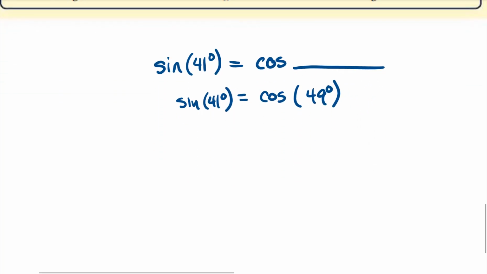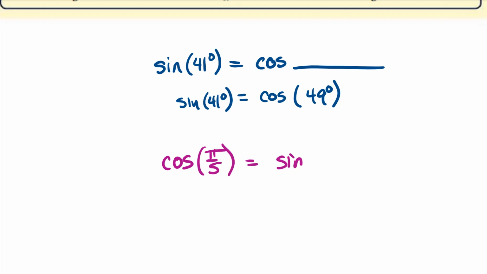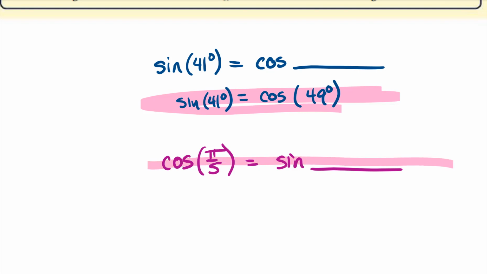So let's just try one more and then we'll be done. This time I'm going to say cosine of pi over 5 is equal to sine of what? This used to be on all of my first exams. This problem would be the most successful problem in the whole thing, and this would be the least successful because there's fractions.